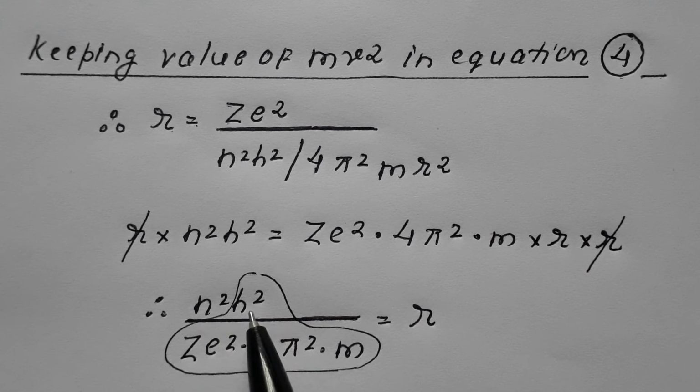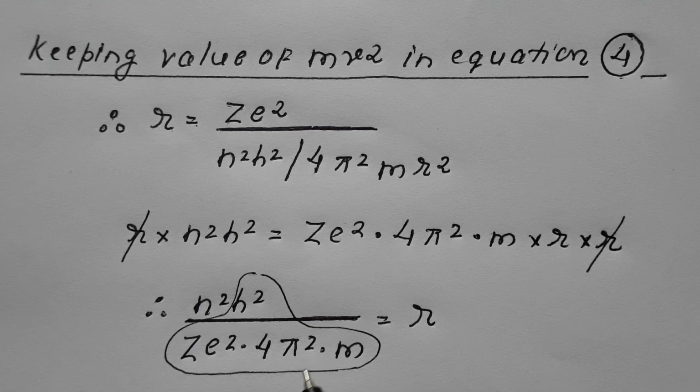So h is a constant, z is a constant, e is constant, 4 constant, pi constant, m constant. If we keep the value of all these and solve it, it becomes h square upon z into e square into 4 into pi square into m.